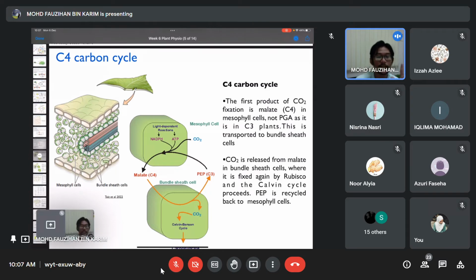All right, there are 3: C3, C4, and the citric acid cycle, I think. All right, we go for the C3 first. We go to C4.